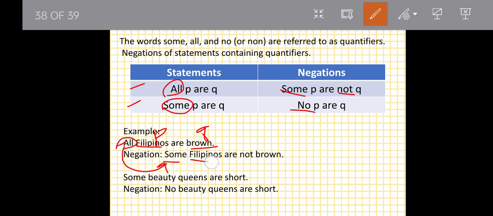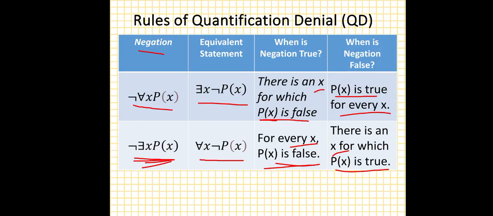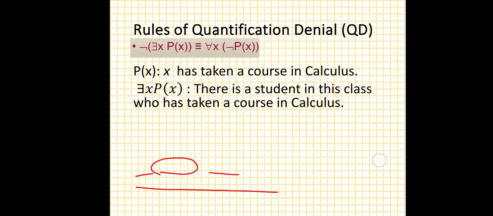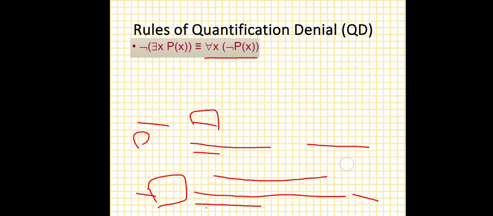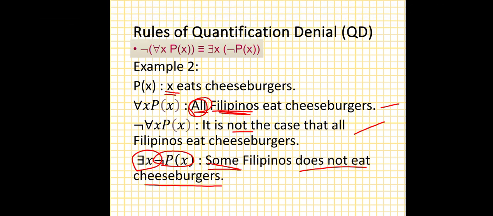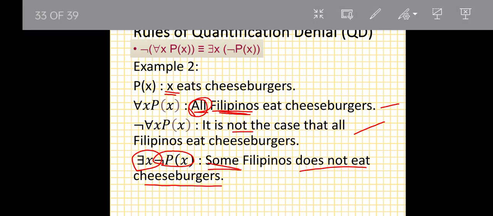Then our Q is negated. It is the same in our example for all X: all Filipinos eat cheeseburgers. Its negation is some Filipinos do not eat cheeseburgers. So all became some, then our P of X is negated. I think it's easy here.